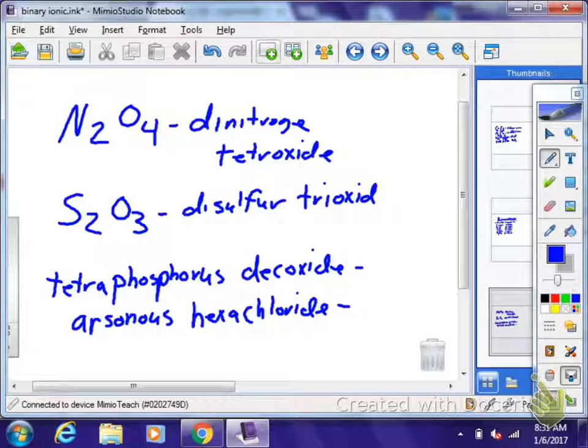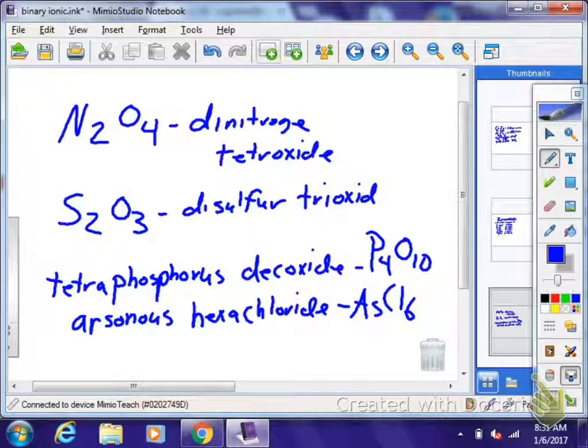I know most of the time we don't put 2 vowels together, but the integrity of tri is TRI. If we put just troxide, then somebody looking at it would not realize that prefix is tri. So that's why you have to put the I in there when you use tri. And then tetraphosphorus is P4O10. And then arsenous is AS, and then CL6. That's what that would be.